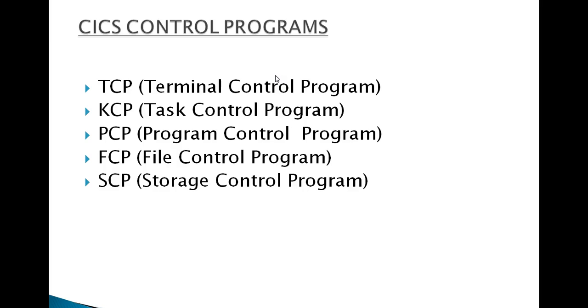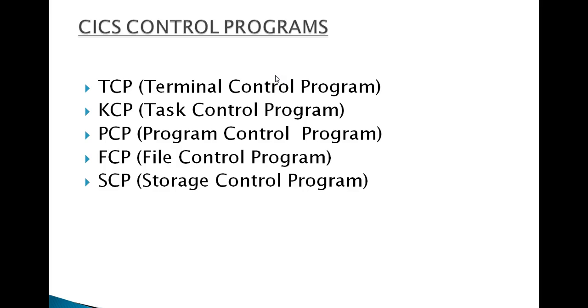KCP, as the name indicates, is the task control program. It controls the execution of tasks and their related properties. PCP stands for program control program. It locates the load program for execution, transfers control between programs, and returns control to the CICS region.